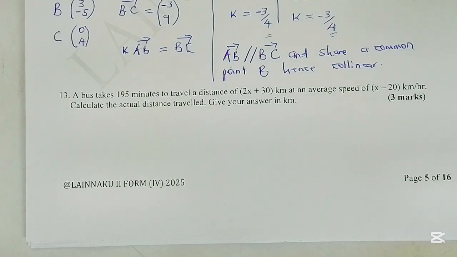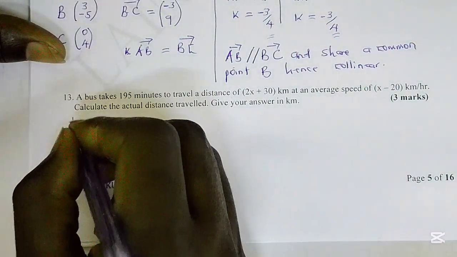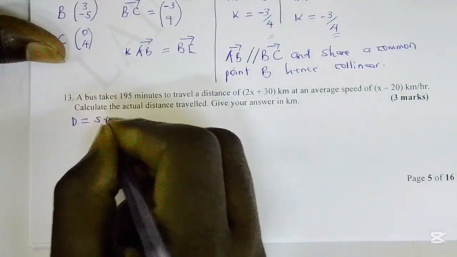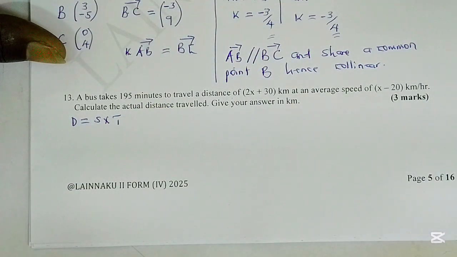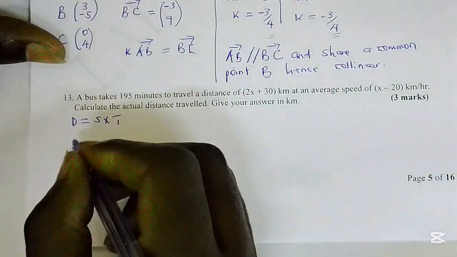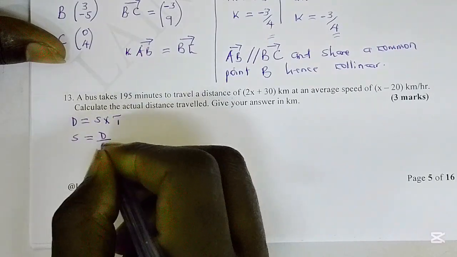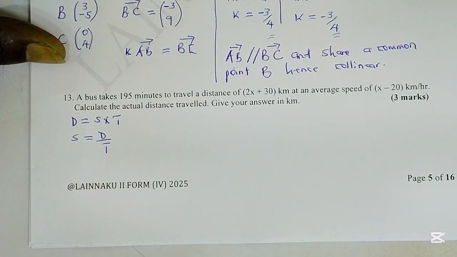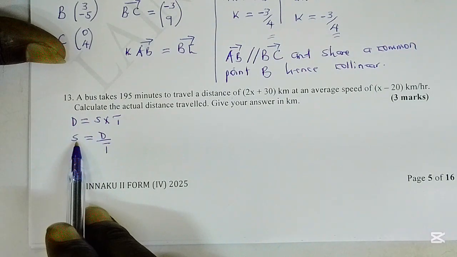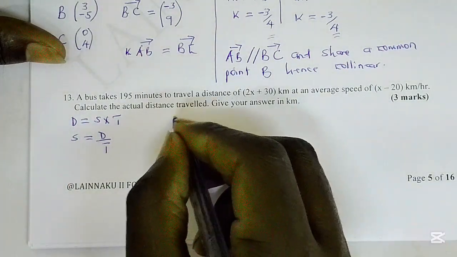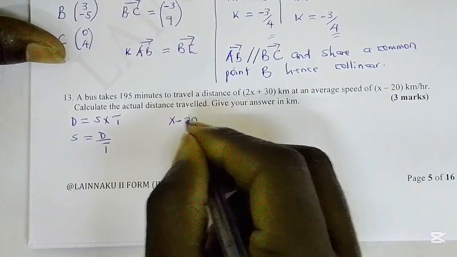Now, we know that distance is equal to speed times time. At the same time, we know that speed equals distance over time. Now, what's the speed of this particular bus? The speed is x minus 20.